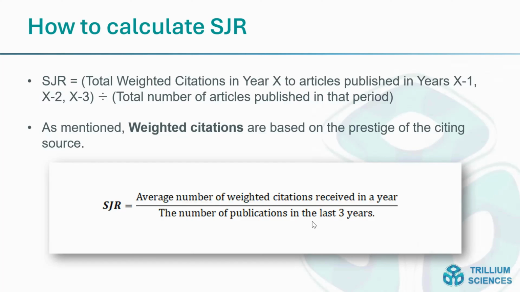And these total weighted citations are divided by the total number of articles published in that 3-year window. So as mentioned, weighted citations are based on the prestige of the citing source, not only the number of citations.